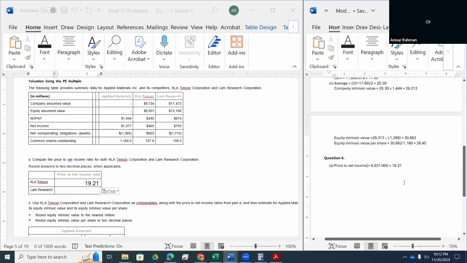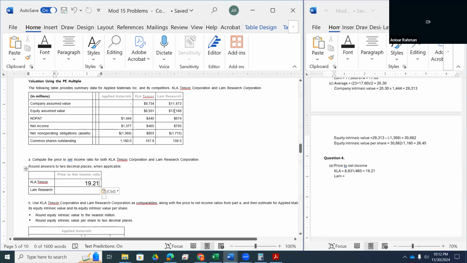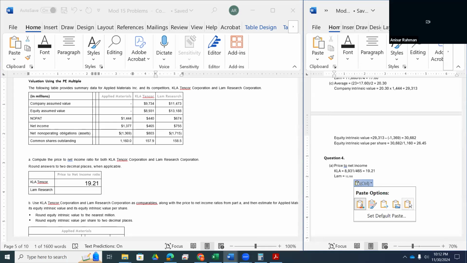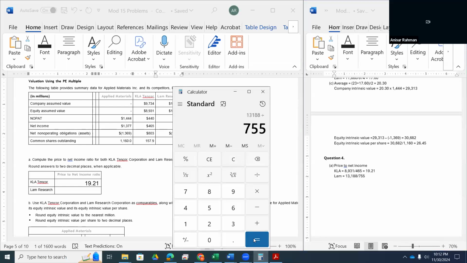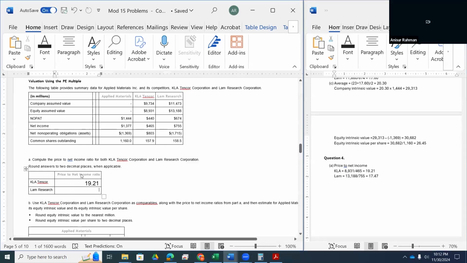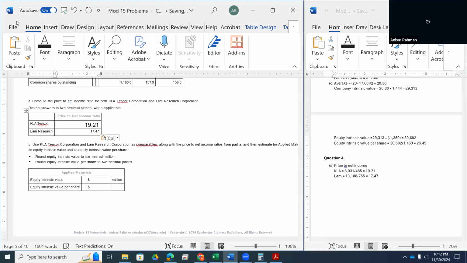So that is for our KLA. And then for Lam Research, okay.